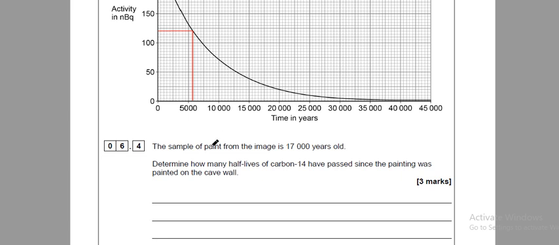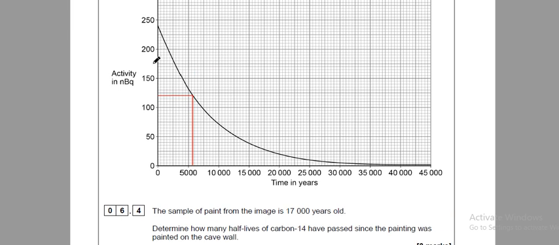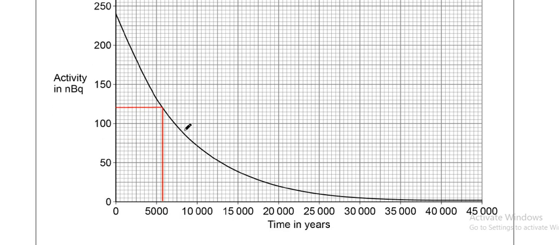and he wants the half-lives, so we need to know the half-life time, and the half-life time can be determined from the graph. If we look here, from 0 to 50 it takes 10 small squares, so each small square is 5.